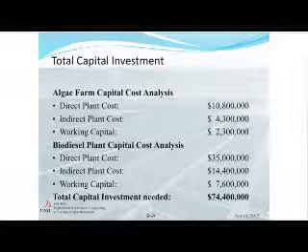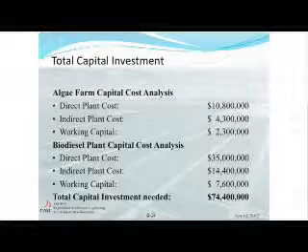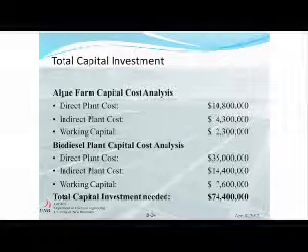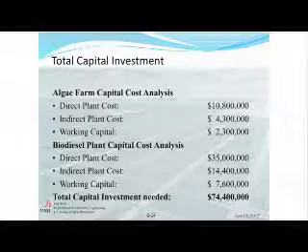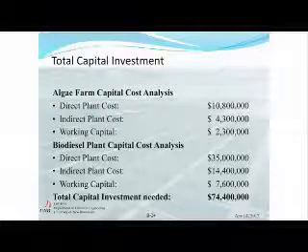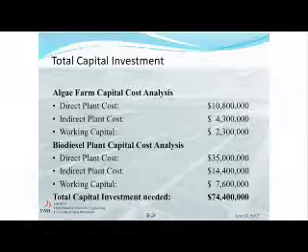The direct costs are costs which are directly related to the production, such as operating, labor, and raw material, and is $10.8 million. Indirect plant costs are the costs which are not directly related to the production, such as taxes and insurance, and as you can see, is $4.3 million. The working capital for the algae farm is $2.3 million.